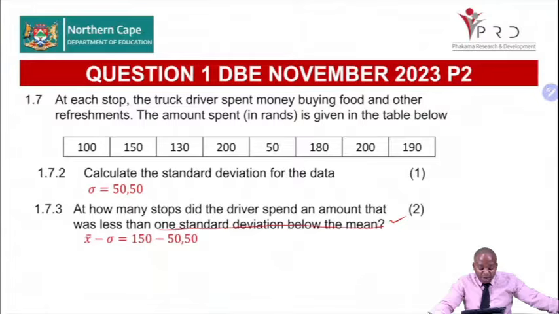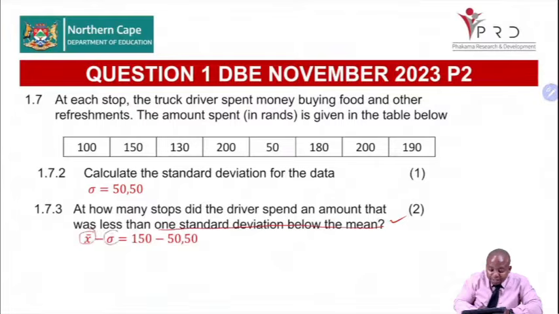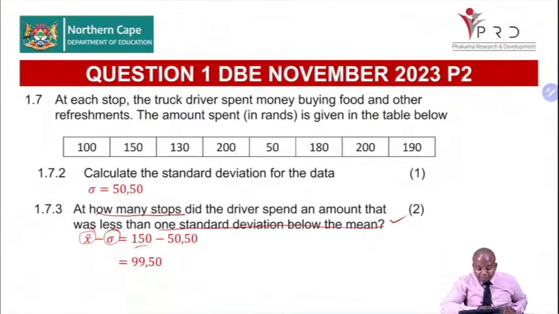Our lower limit is going to be the mean subtracting the standard deviation. So the mean is 150 minus 50,50 in this case.